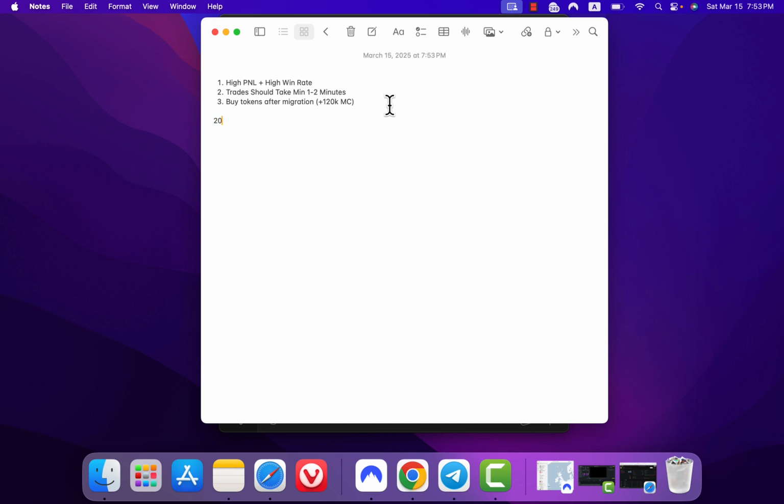Since so many people copy trade this wallet, the price will pump, and the wallet will dump it immediately. To avoid this kind of farms, I set the minimum market cap at $120,000 market cap.